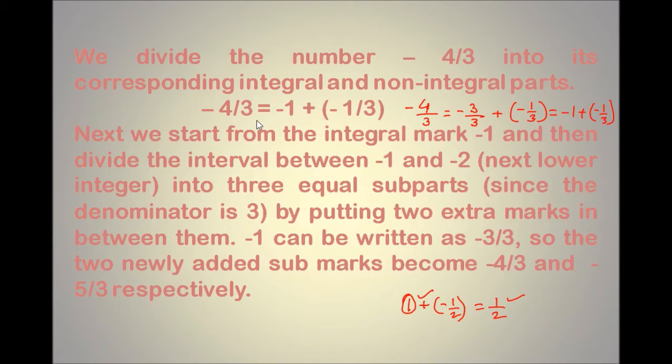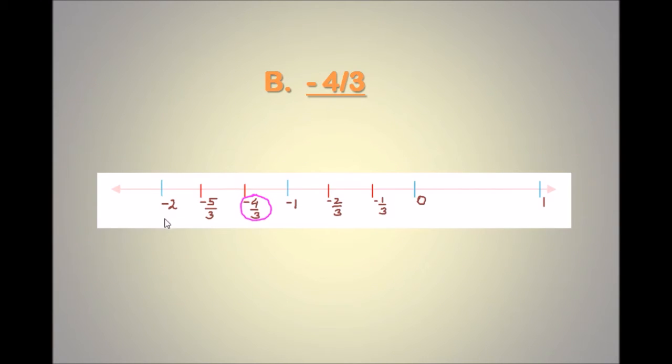Now since the denominator is 3, what do we do? We divide this whole interval between -1 and -2 into 3 equal subparts by putting 2 extra marks in between. So let us go back to the number line page. Over here you see that this is 0, this is -1 and this is -2.